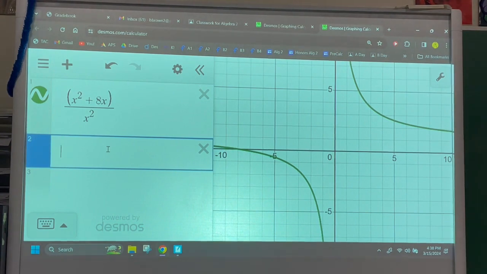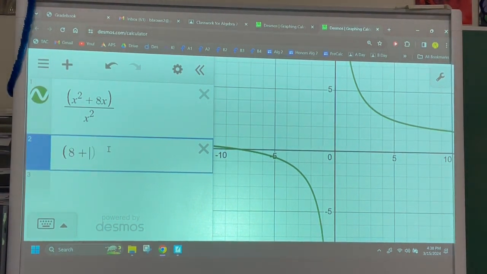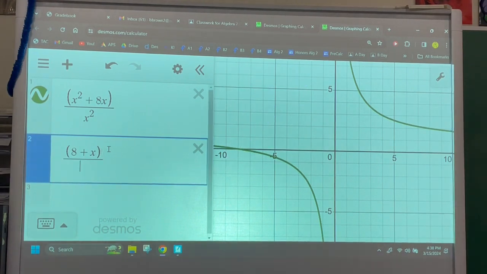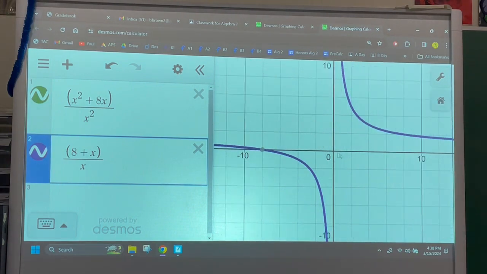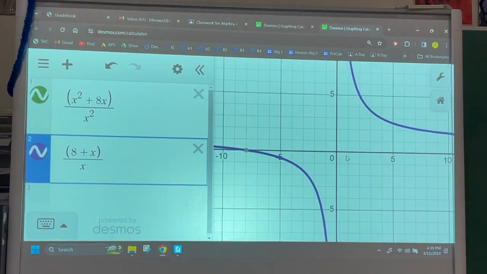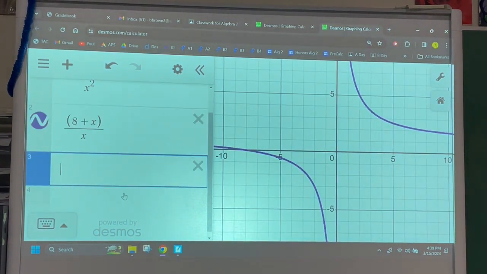Oh, it's an inverse variation, it's rational. My new one, 8 plus x divided by x. I'm confident my answer is correct because the two graphs are the same. But either one, I can clearly see that there is no hole in the graph. There is a vertical asymptote when x equals 0.